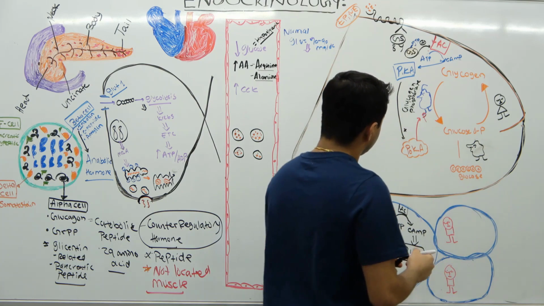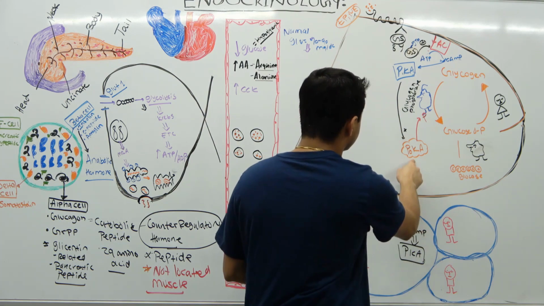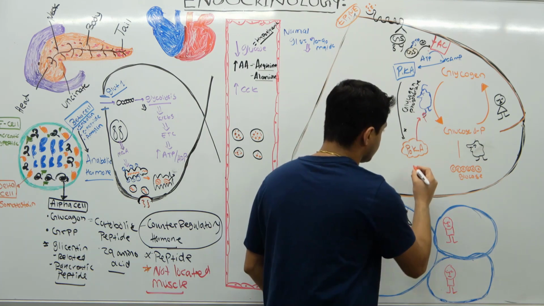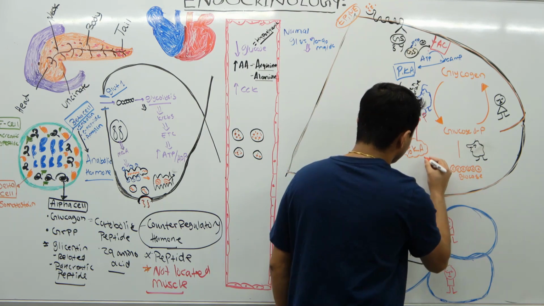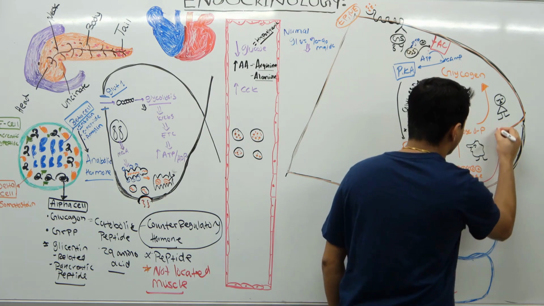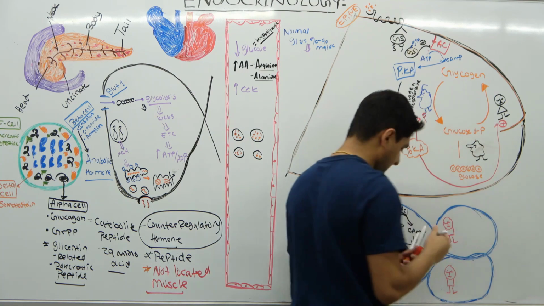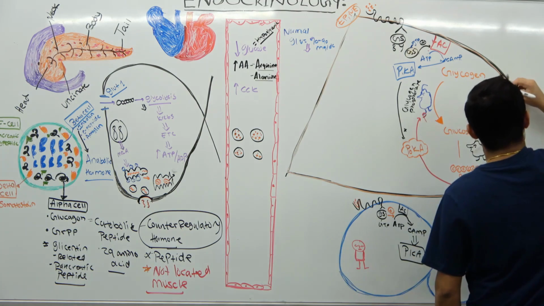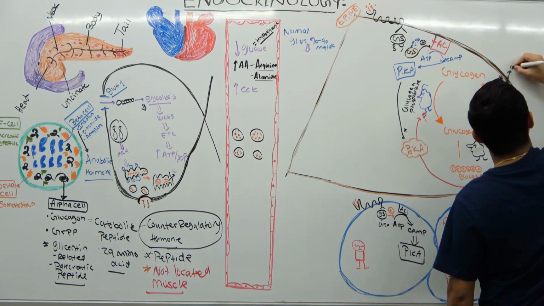Now, not only this one, once it gets activated, it also puts a phosphate group on this other guy. What is this? This is your enzyme called glycogen synthase, because that's what you're making.